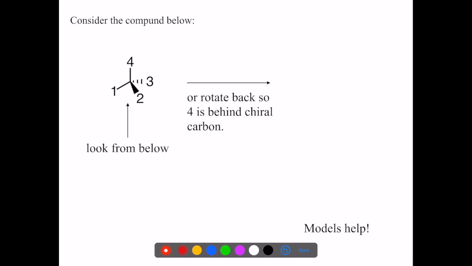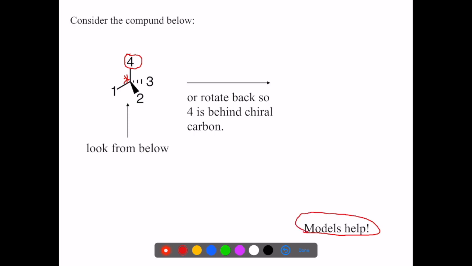So here we have a chiral carbon. We have our chiral carbon here, and we have our priorities 1, 2, 3, and 4. Now, 1 is the top priority, 4 is the low priority. And what is it we're supposed to do? We're supposed to put the low priority group in the back. Now, models really help.